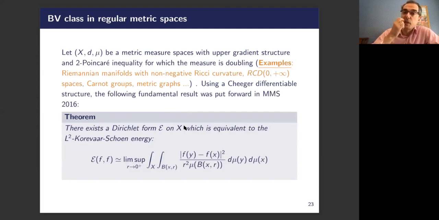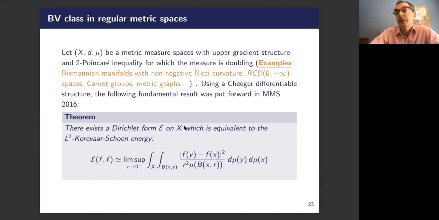In that case, the connection between BV functions and the theory of Dirichlet forms was uncovered in 2016 in a paper by Miranda, Marola, and Shanmugalingam, where implicitly they prove that there exists a Dirichlet form on this type of spaces, which turns out to be equivalent to the L2 Korevaar-Schoen energy. The L2 Korevaar-Schoen energy is defined in terms of a lim sup, so it is not clear at all that it's going to be equivalent to a Dirichlet form when r goes to 0.